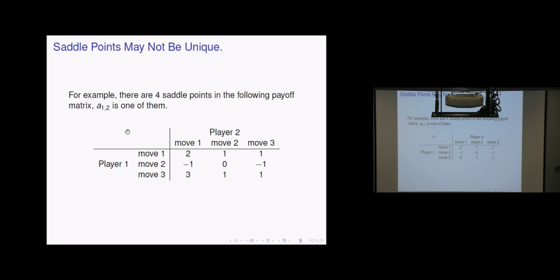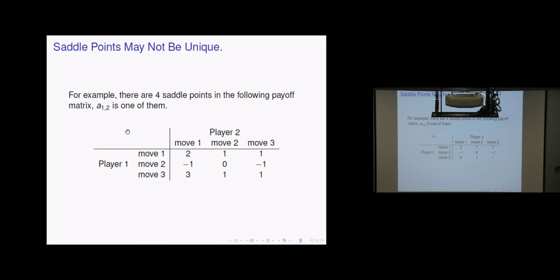Now let's look at the third row. There are two minimums, this one and that one. Look at this one here. Is it a maximum of this column? Yes, same reason. So this is also a saddle point. Now how about the last entry here?